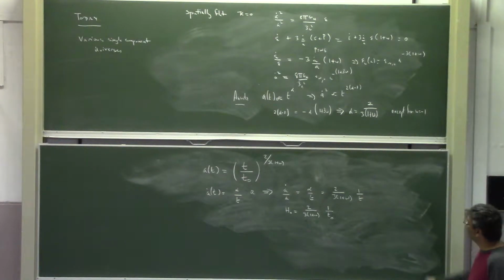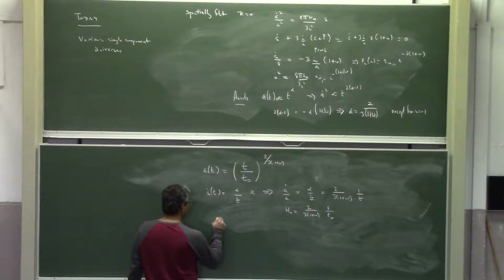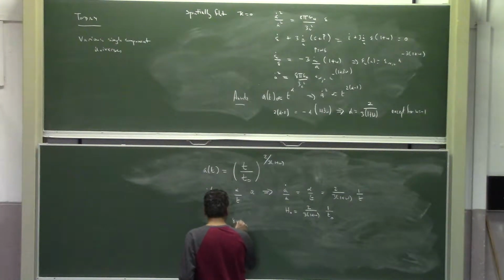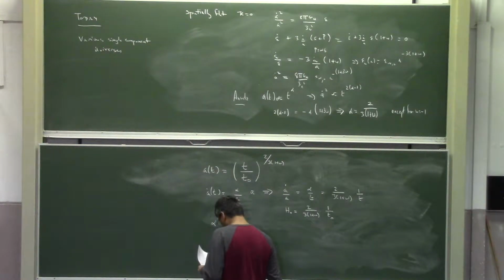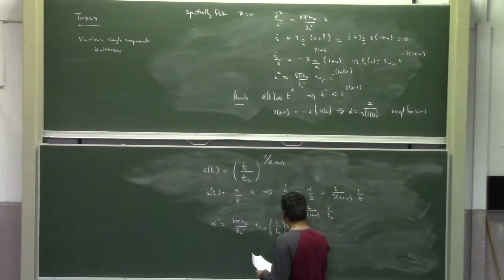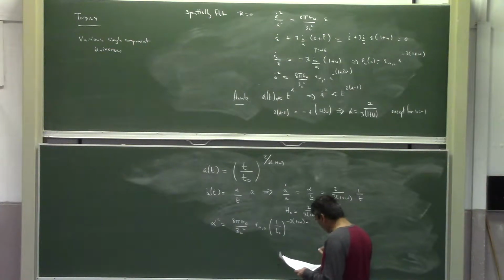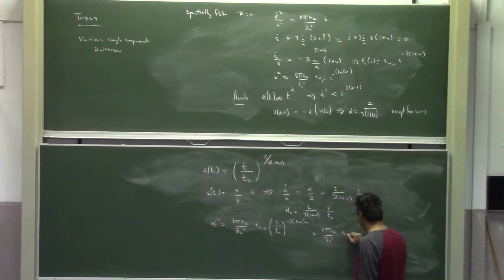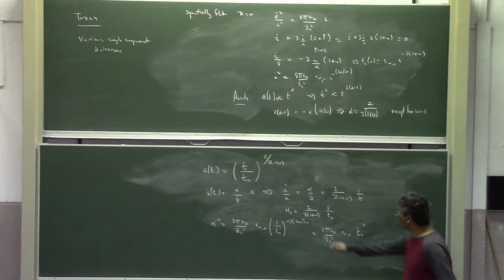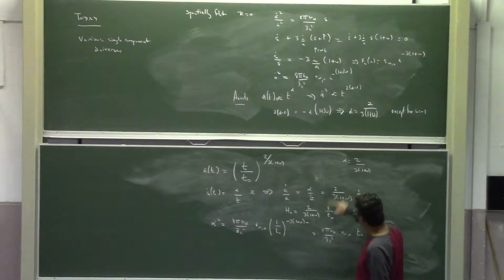So we've got a of t now. Let's plug it into the Friedmann equation. So we plug it into the Friedmann equation, we get alpha squared is 8 pi Newton over 3c squared, epsilon w0, 1 over t0 to the minus 3, 1 plus w alpha, which, when we plug stuff in, is 8 pi Newton over 3c squared, epsilon w0, t0 squared. Because alpha is 2 over 3, 1 plus w, this 1 plus w and this 3 cancel.